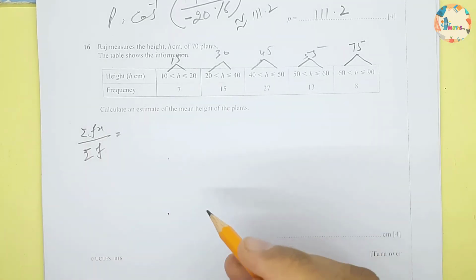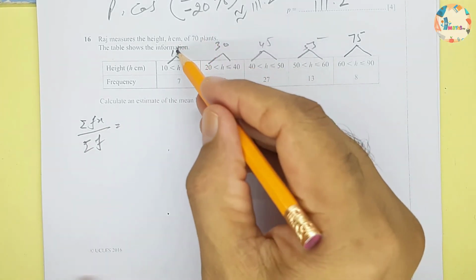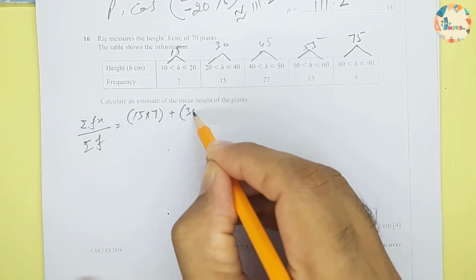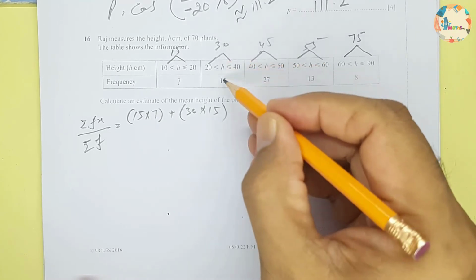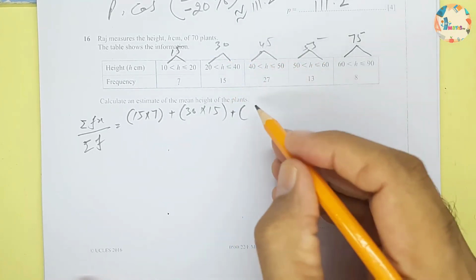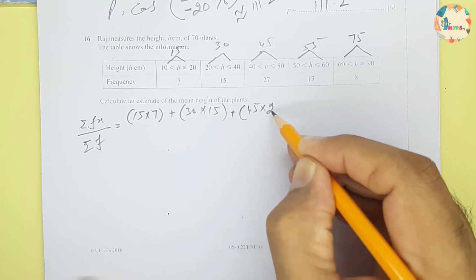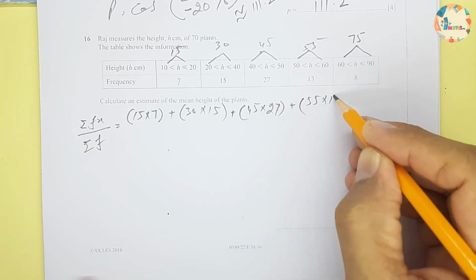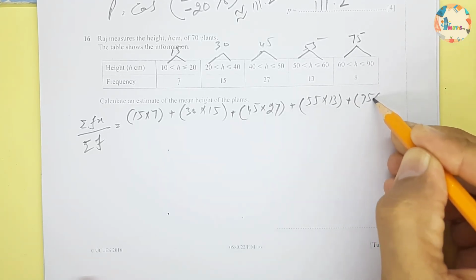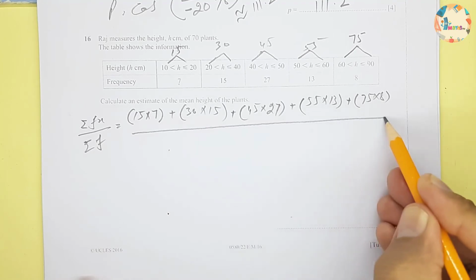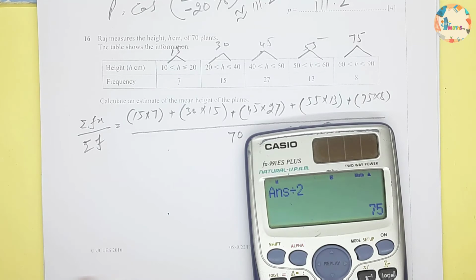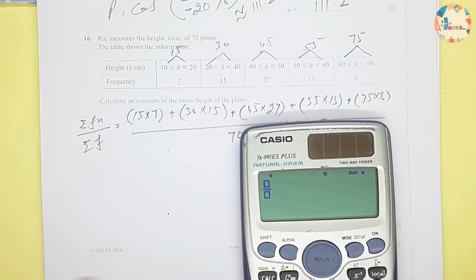So sigma fx will be 15 multiplied by 7, plus 30 multiplied by 15, plus 45 multiplied by 27, plus 55 multiplied by 13, plus 75 multiplied by 8, and this will be divided by the total number of plants, which is 70. This calculation should be done carefully, otherwise there will be a mistake.